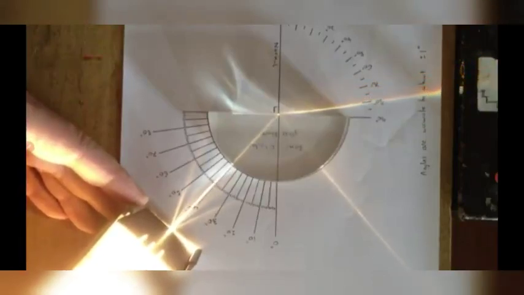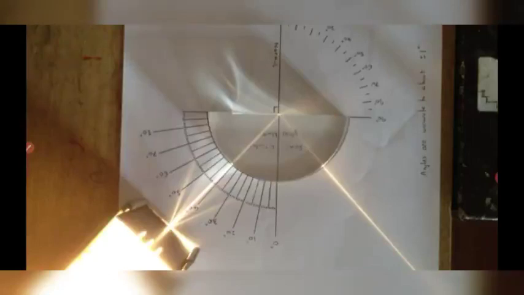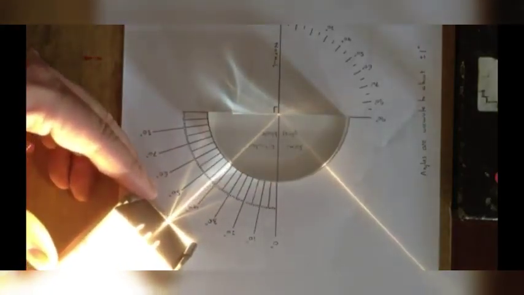See that? The refracted ray is at 90. After that, total internal reflection has started. You can see total internal reflection. Understand this clearly.